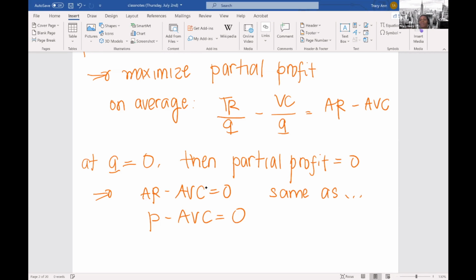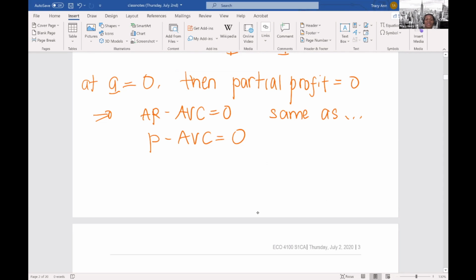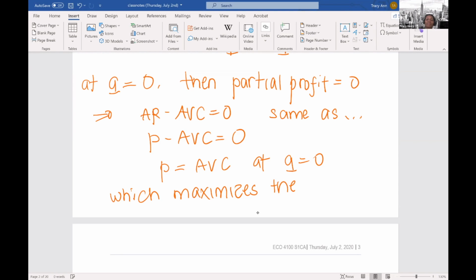So what do I mean by this? As long as my price is greater than average variable cost... you could say price is equal to average variable cost at Q equals 0, which maximizes your profit. So what am I trying to say in a nutshell?